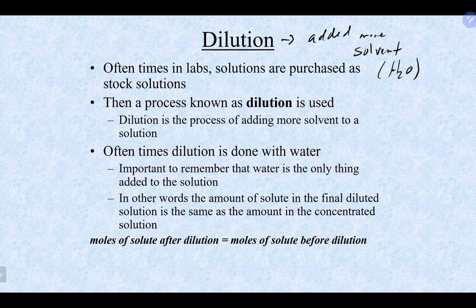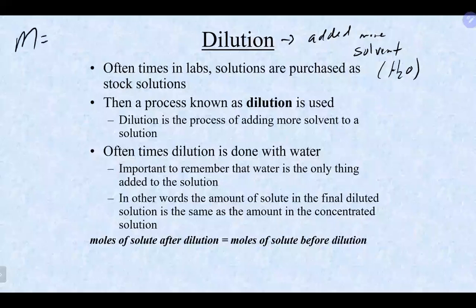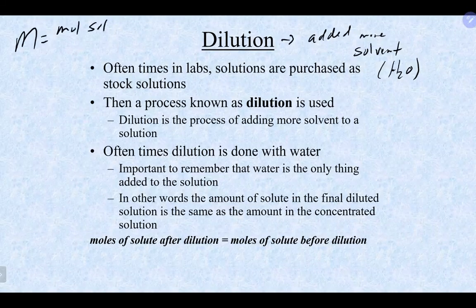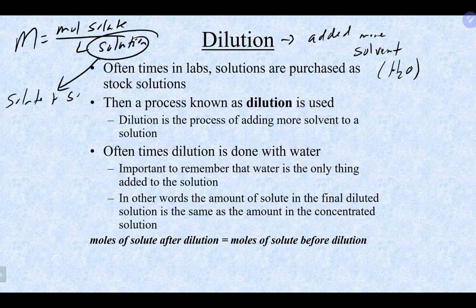So the reason we see the concentration go down in this case is because molarity is moles of solute per liter of solution. Remember that the solution is both the solute plus the solvent, which means in a dilution the only thing you're changing in this formula is the amount of solvent.